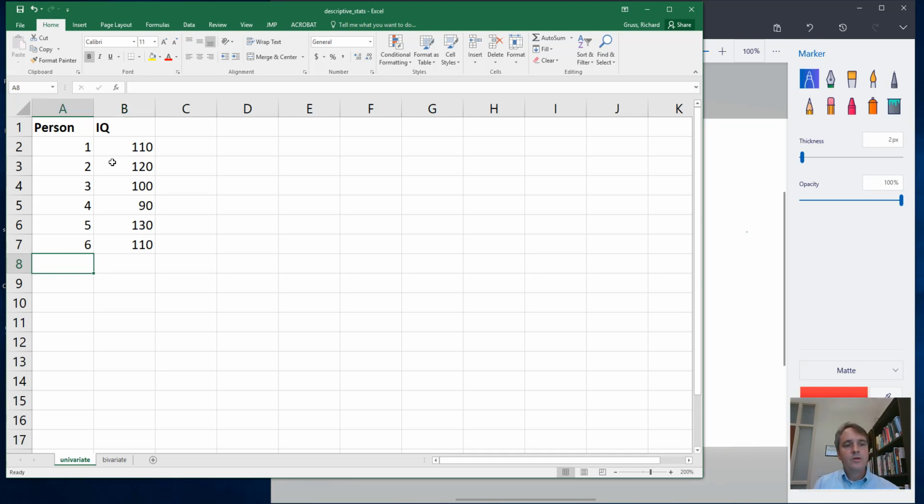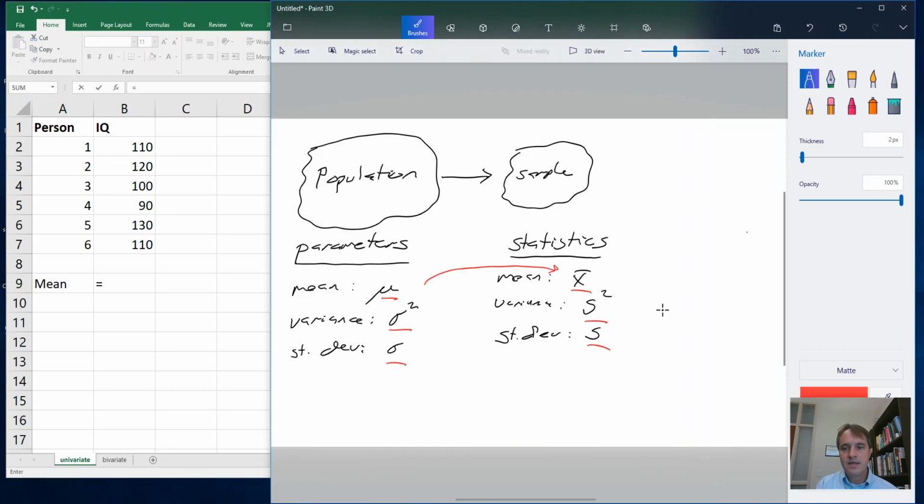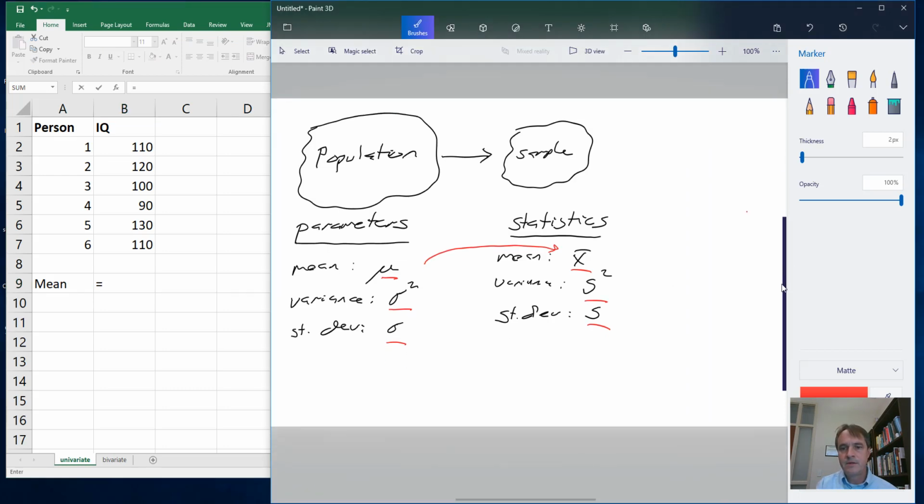Okay, so the first thing, the simplest way to understand this data is to just take a look at the mean. Okay, so we'll do this in Excel. Let's go ahead and take a look at some notation.